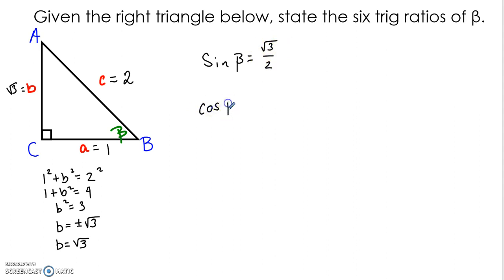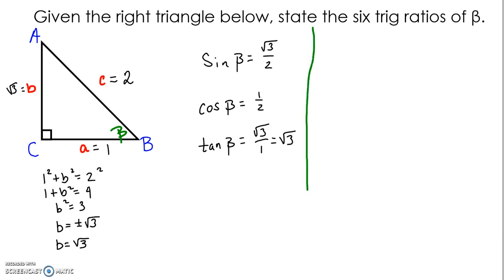The next thing we have is the cosine of beta. Cosine is adjacent over hypotenuse, so 1/2. And then we have the tangent of beta, and that would be opposite over adjacent. So the square root of 3 over 1. And we can just write the square root of 3. So here's our basic 3.